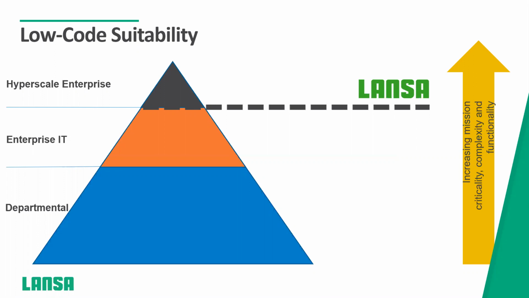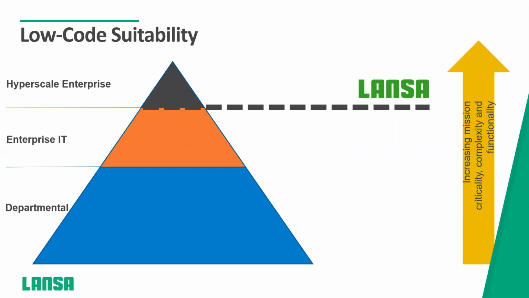We provide the tools that let enterprise IT and professional developers build the kinds of applications that they need going forward. Applications that are increasingly mission critical to the business, that have a higher level of complexity and typically a higher level of functionality. So we focus much more on equipping and enabling enterprise IT and their development teams to build applications for the business.